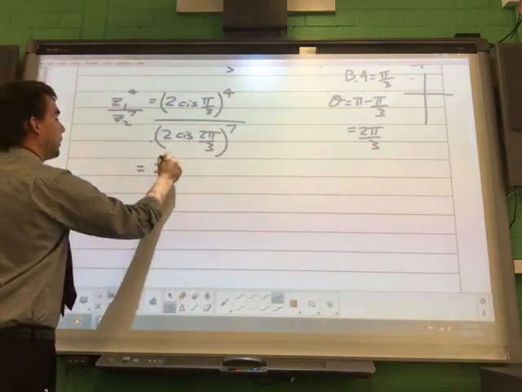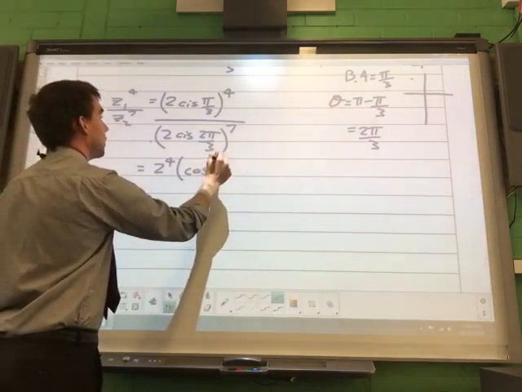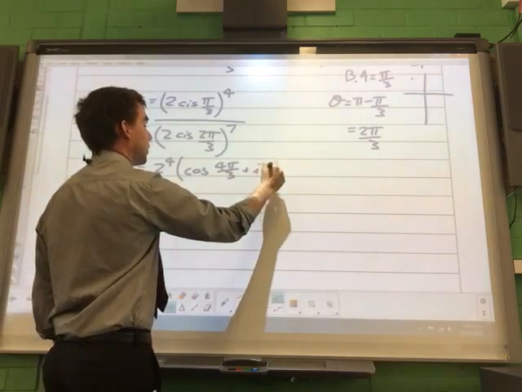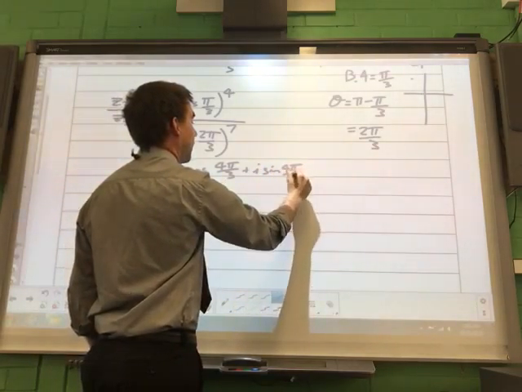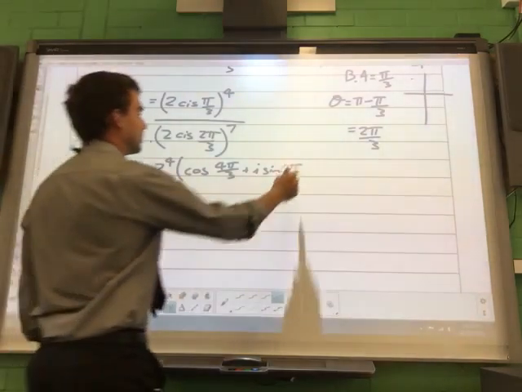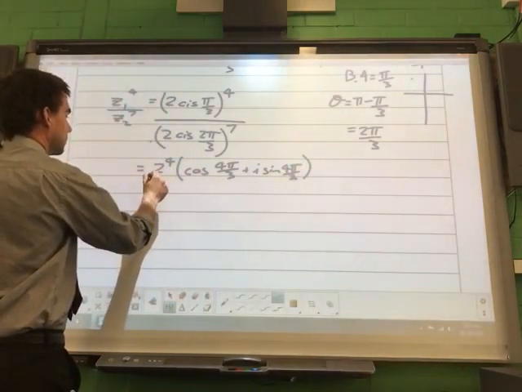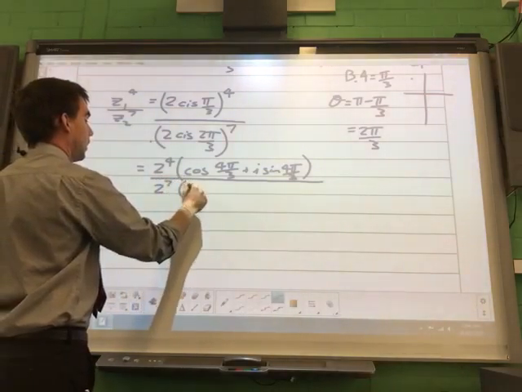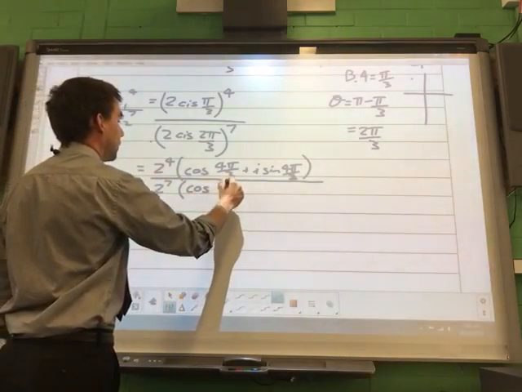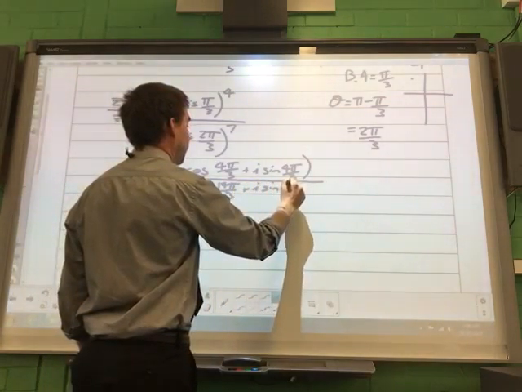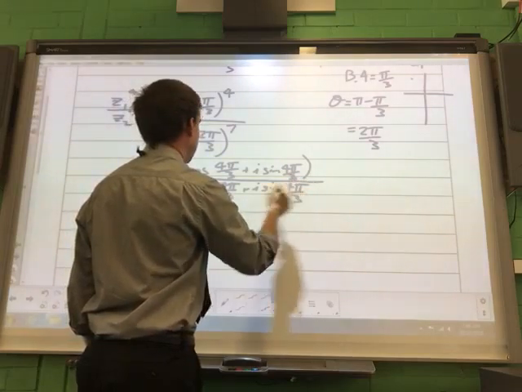Okay, so it'll be 2 to the power of 4 cos of 4 pi on 3 plus i sine 4 pi on 3, using De Moivre's theorem. And then 2 to the power of 7 cos of 14 pi on 3 plus i sine of 14 pi on 3.